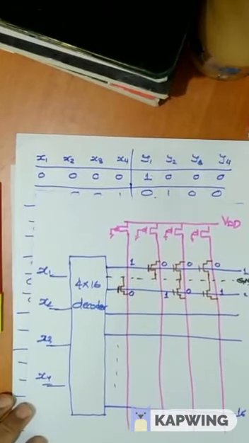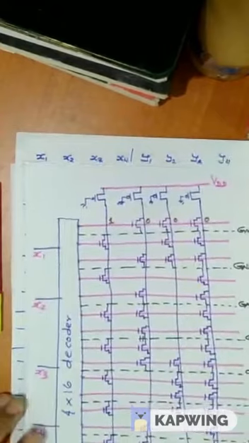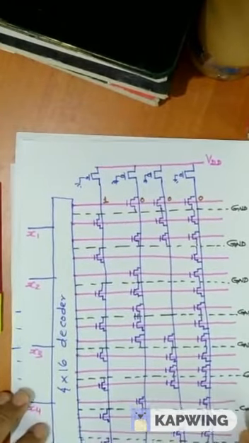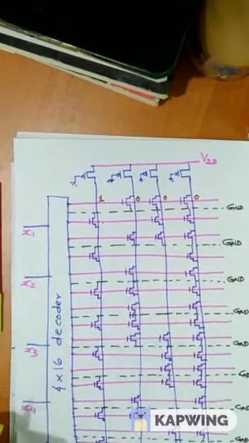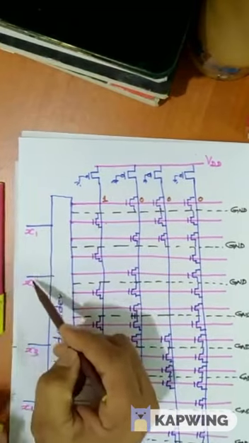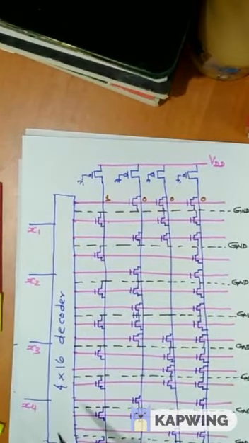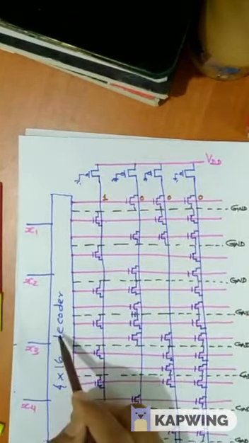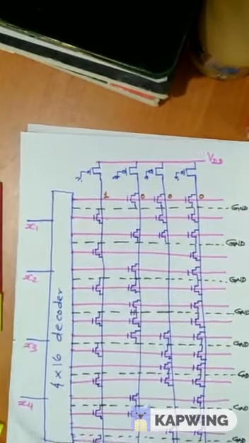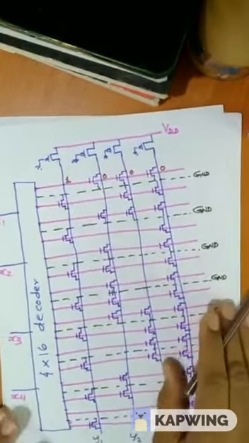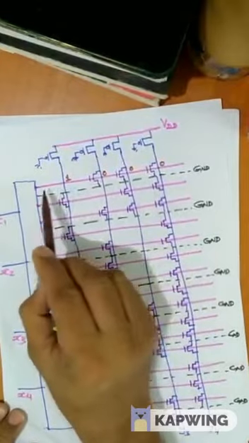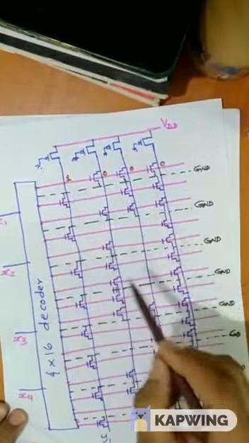So that picture is this. You see, these are the inputs: X1, X2, X3, X4. They are connected to a 4x16 decoder. The 4x16 decoder is having 16 output lines, so those form the word lines.